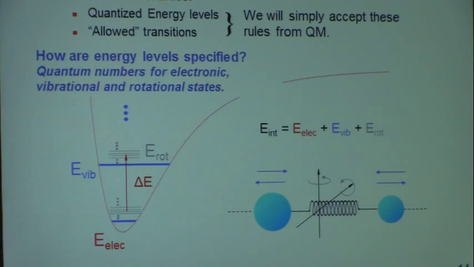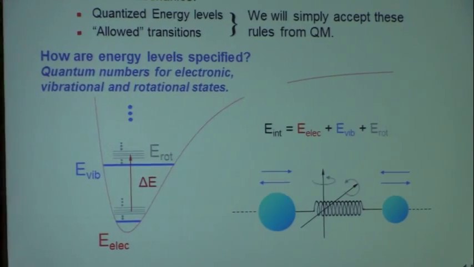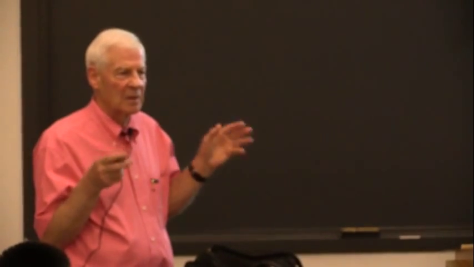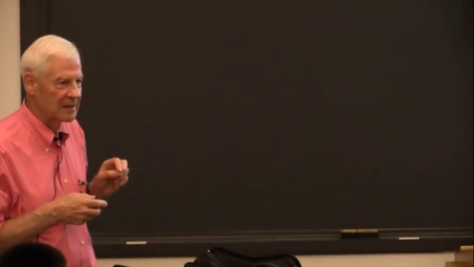It's the internal energies that are quantized that we care about. That internal energy can be separated into electronic, vibrational, and rotational components. We're going to be mechanical engineers, so we visualize this molecule as solid masses for the nuclei connected by a massless spring. We think about classical mechanics, and then we impose two or three rules from quantum mechanics.